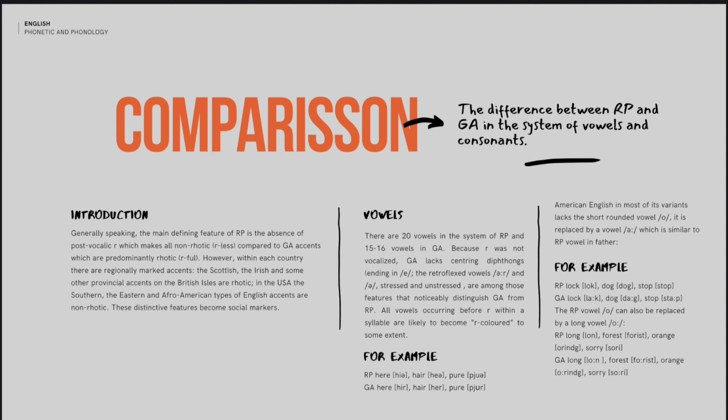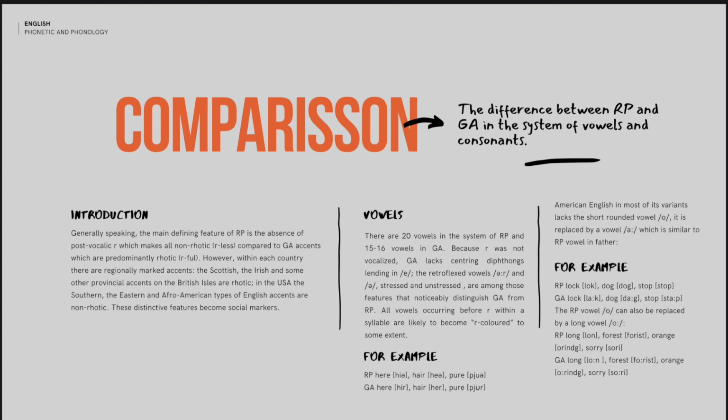Vowels. There are 20 vowels in the system of RP and 15 to 16 vowels in GA. Because R was not localized, GA lacks centering diphthongs ending in schwa. The retroflex vowels, stressed and unstressed, are among those features that noticeably distinguish GA from RP.